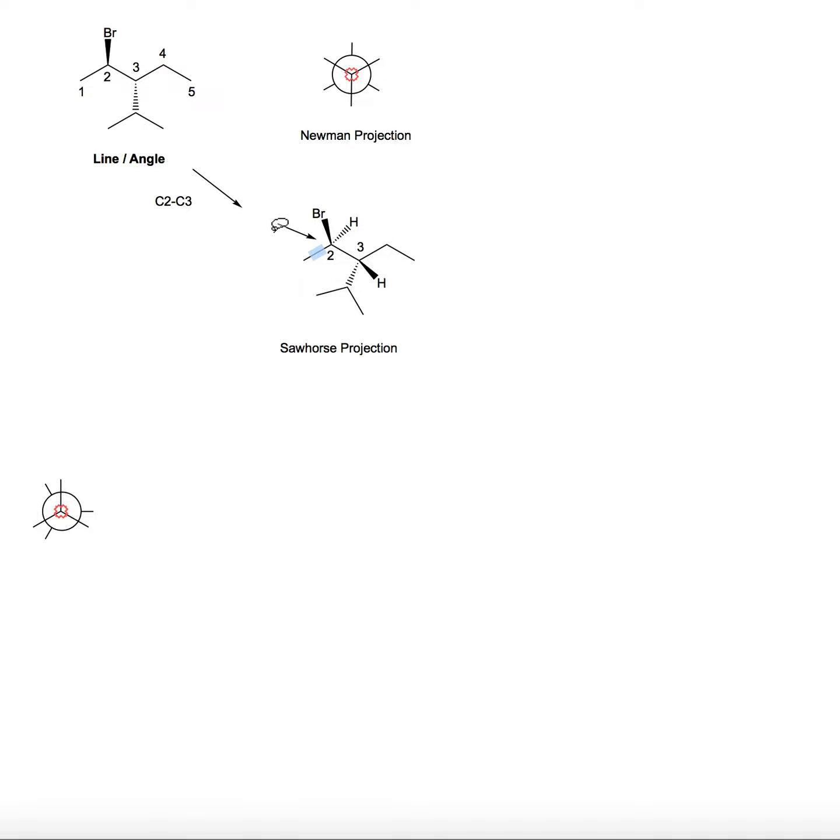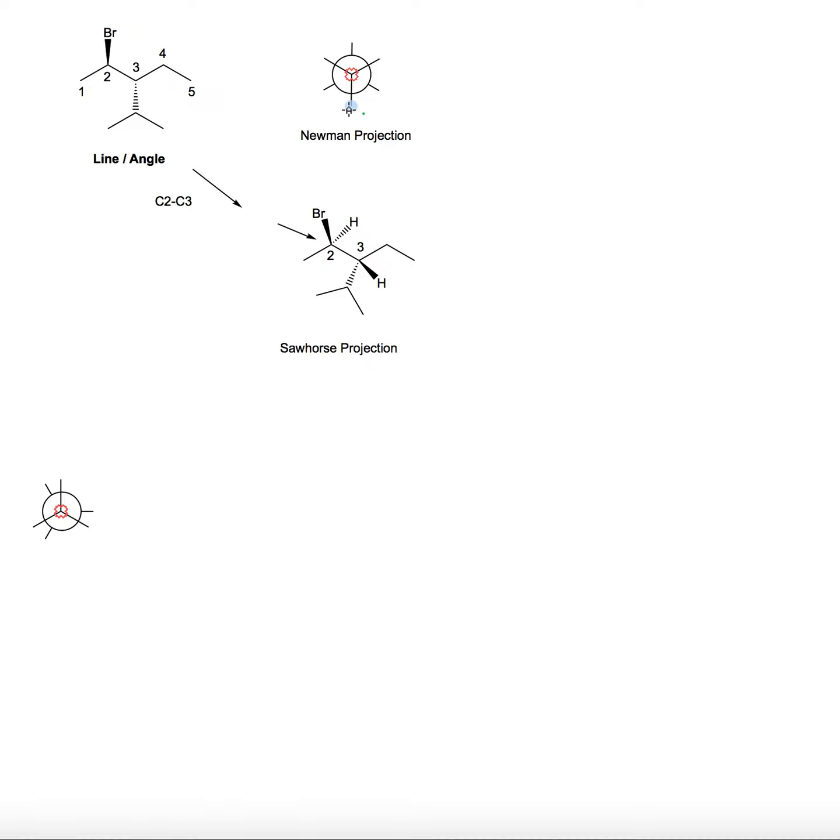When we are looking through here, you can see how in carbon 2 this group is pointing down. We want to use the Newman projection where the front carbon has this group pointing down. I had it the other way around, so I just rotated 180 degrees to get here. So pointing down, we have a methyl group.